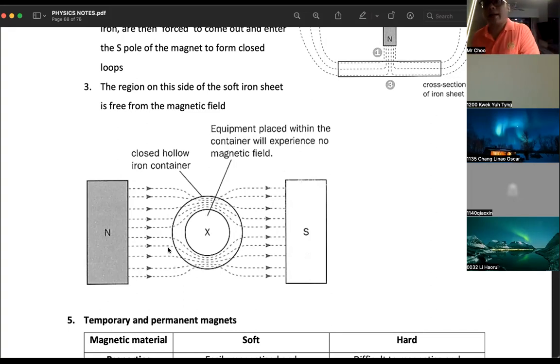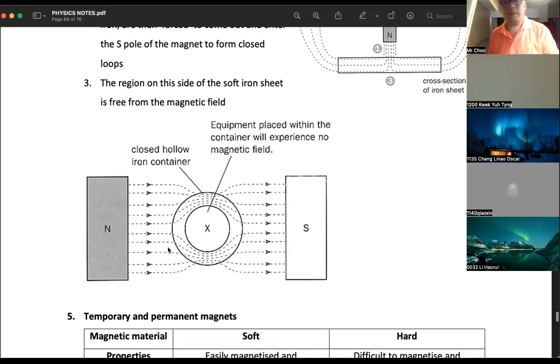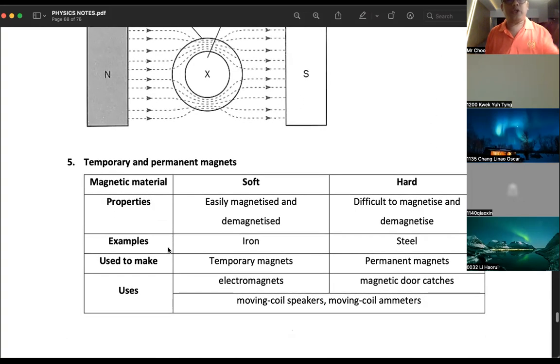So the last part of today's theory, we are going to differentiate between soft magnet as well as hard magnet. How to remember? In chemistry, iron is a pure element.